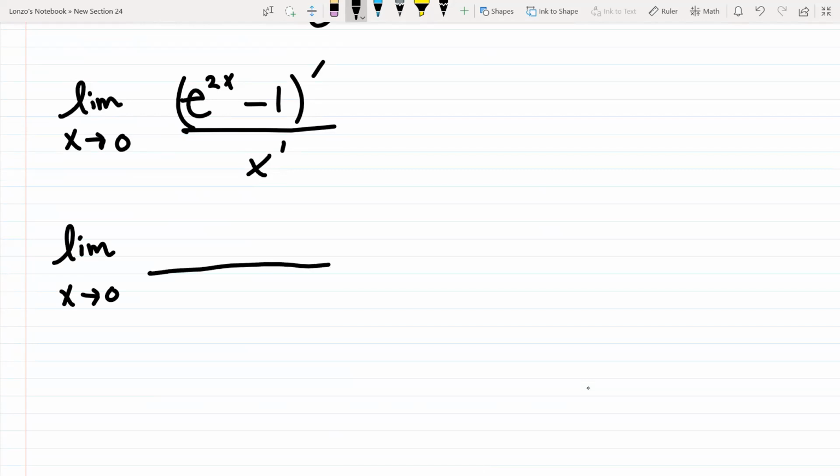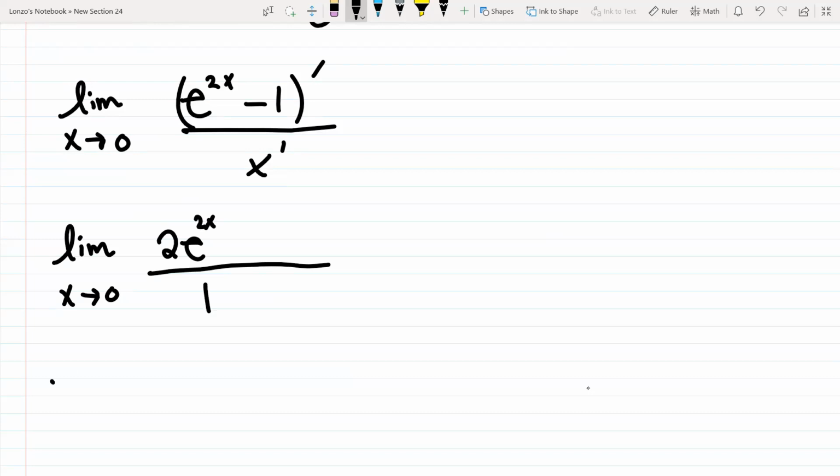The derivative of e to the 2x is 2e to the 2x, and then the derivative of x is 1.